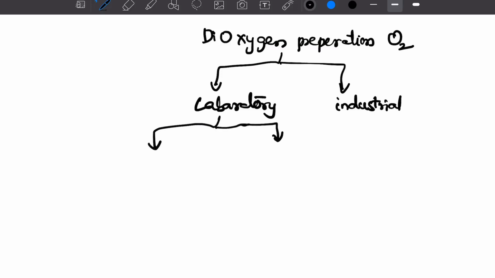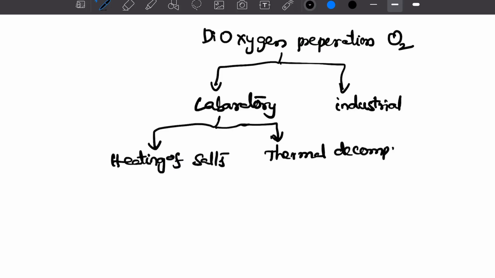First is heating of salts, and second is the thermal decomposition of metal oxides. So these two are the important preparations of dioxygen.